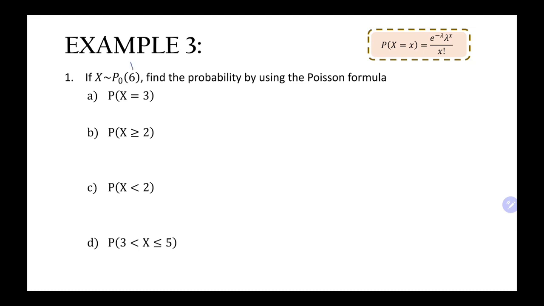This one refers to lambda and this one refers to x. So equals to e^(-6) 6^3 divided by 3 factorial. Then we calculate, we get answer 0.0892.